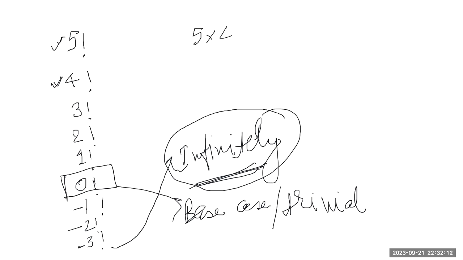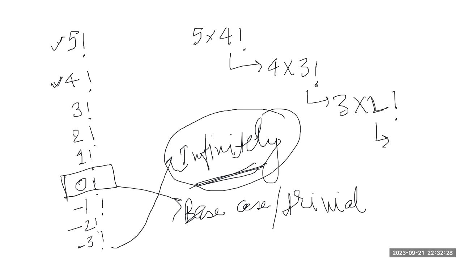And this 4 factorial will tell me to give 3 factorial. This 3 factorial will tell me 3 into 2 factorial. This 2 factorial will tell me 2 into 1 factorial. This 1 factorial will tell me to give 1 into 0 factorial. Now this 0 factorial is telling me to give 0 into minus 1 factorial.